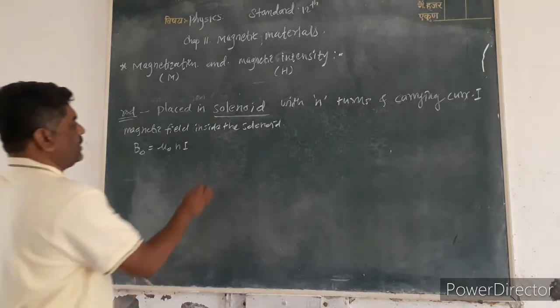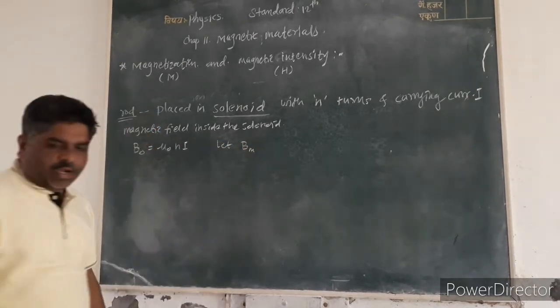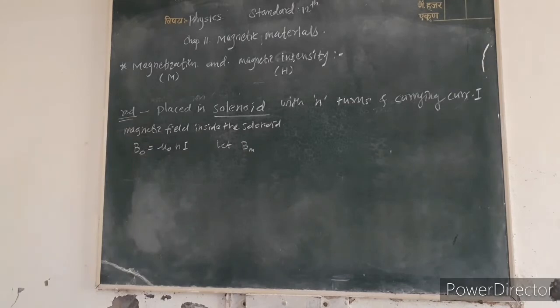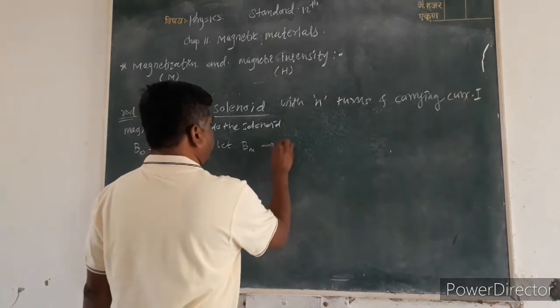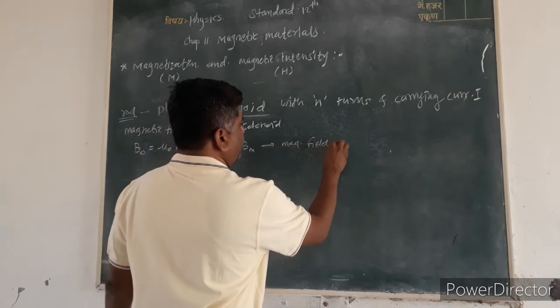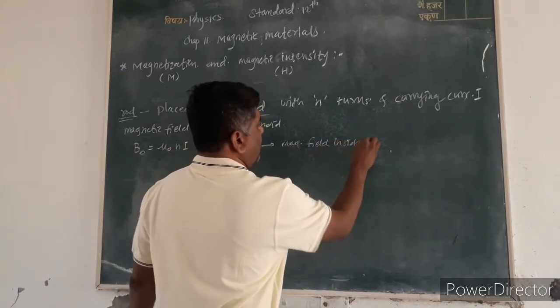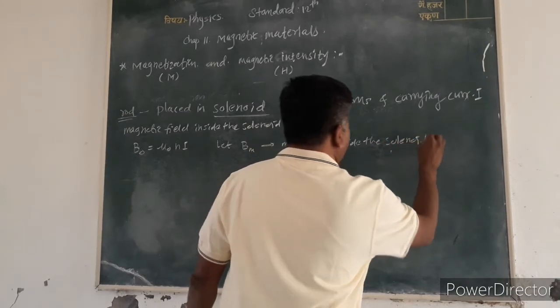Also, let Bm be the magnetic field due to the magnetic material inside the solenoid.